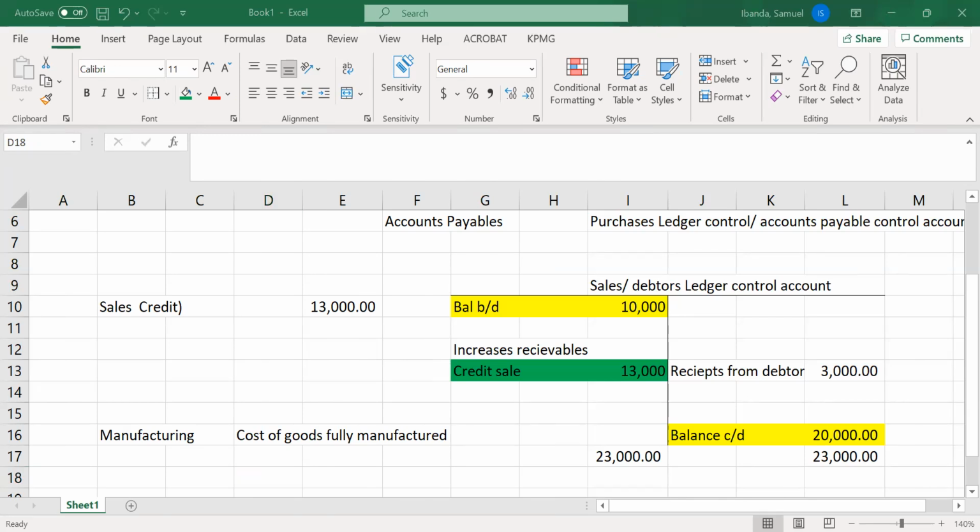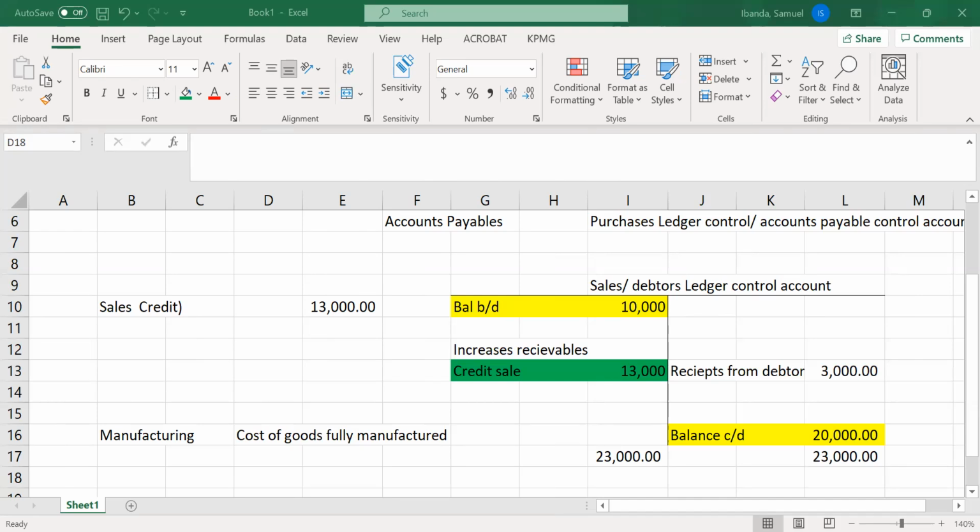For example, if they say plant and machinery in a manufacturing company, we know very well it is an asset for the factory. So ideally its depreciation should be taken to the manufacturing account. Sometimes they may not tell you that this asset is specifically for the factory, but it's up to you to use your judgment and know that this asset is ideally used in production.